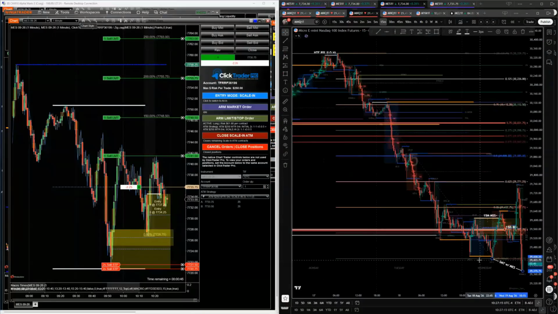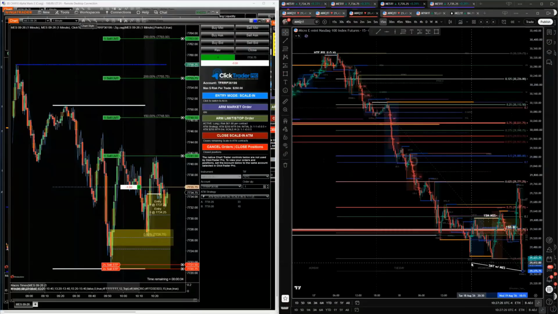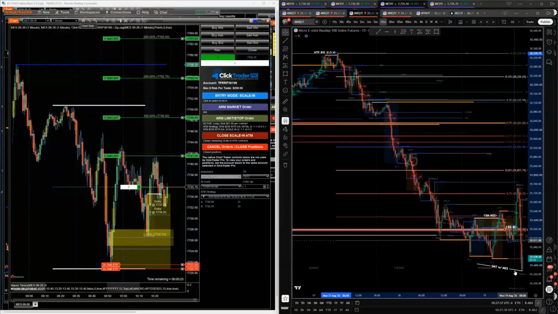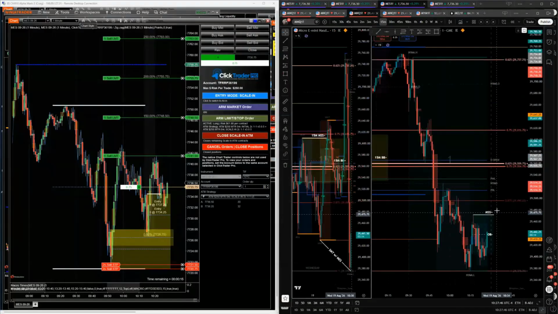Oh, goodness gracious. There's our new fib. What did I just do? Oh, I got fibs on top of fibs over here. I don't know what that was. There we go. We're looking for a market structure shift here on the NASDAQ. We don't have it. We've got it in the S&P, but we don't have it in the NASDAQ.